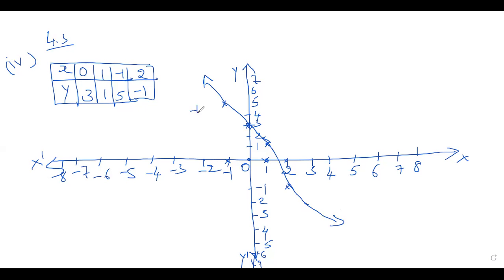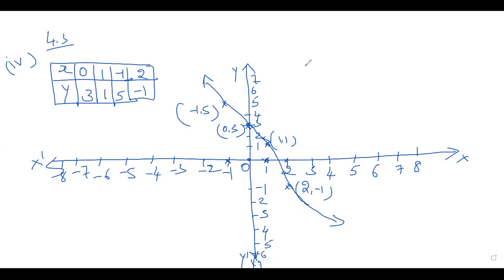Now I'm writing the points here. -1, 5. It is 1, 1. And this is 2, -1. It is 0, 3. Okay, children, this is how we plot a graph.